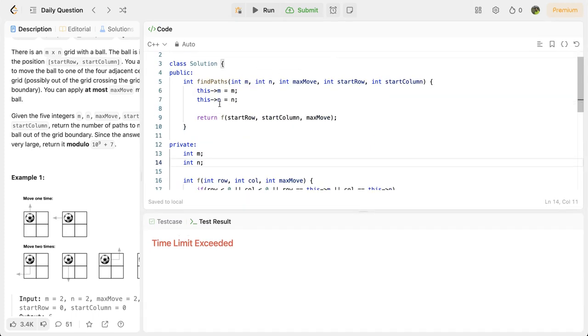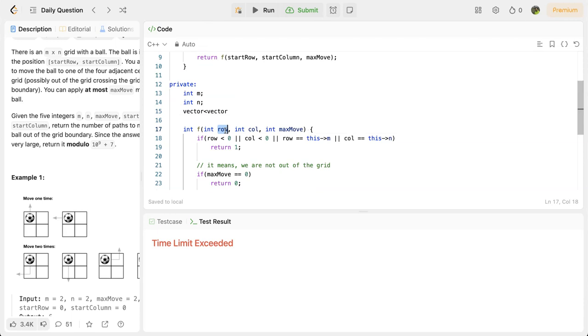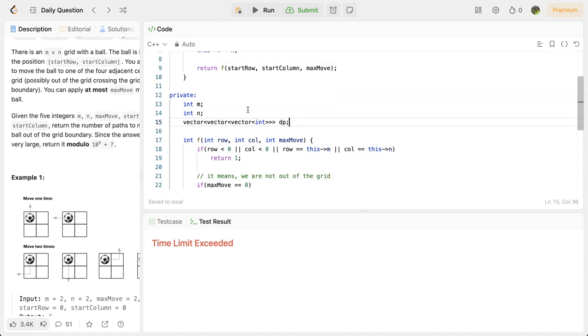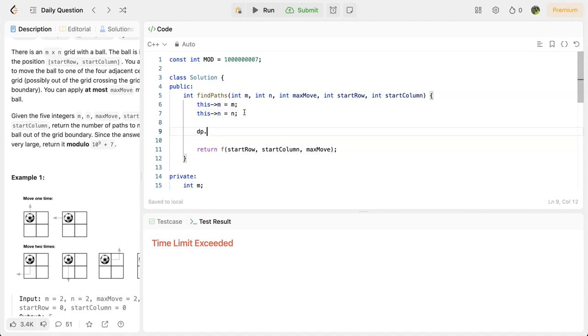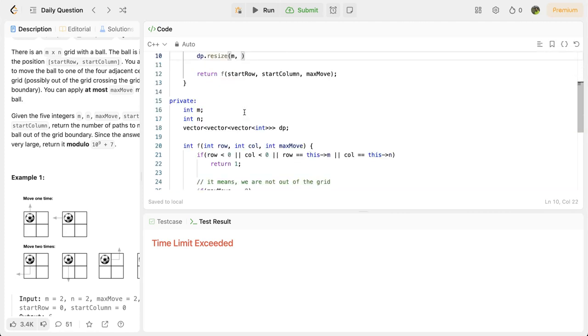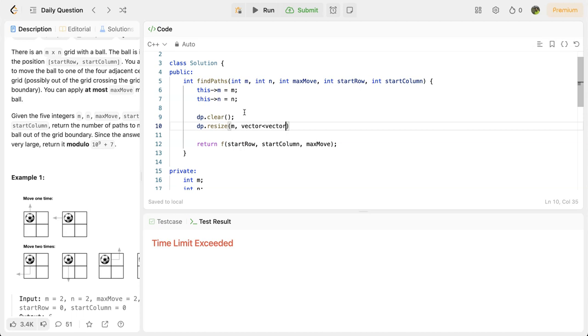In order to do that, we define a table. So it's going to be vector of vector. We need a 3-dimensional vector because of the state: row, column, max move. So vector of vector of vector of int dp. And then here we are going to resize it. dp.resize m of them, and vector of vector of int, each one should be n of them, and we need vector of int max move plus 1, and -1.